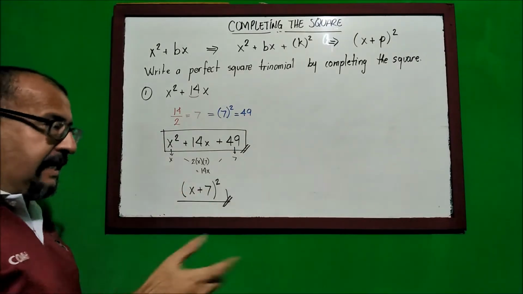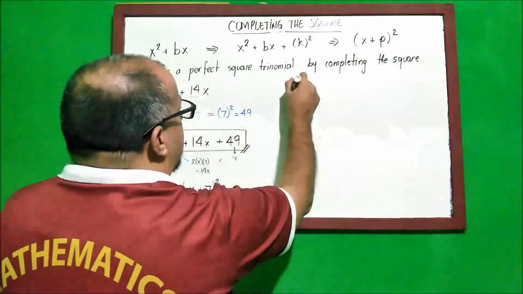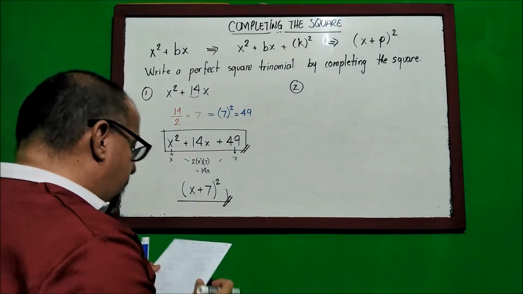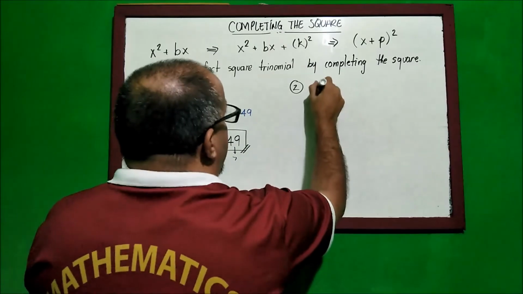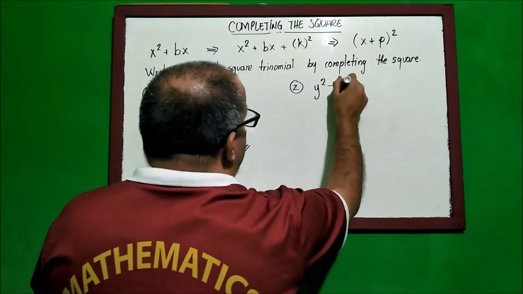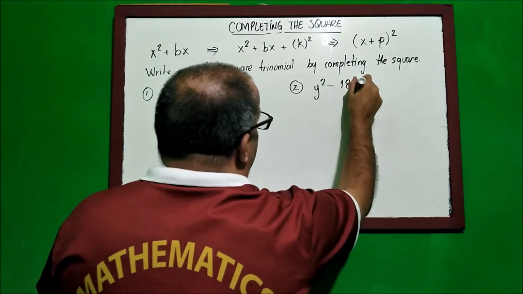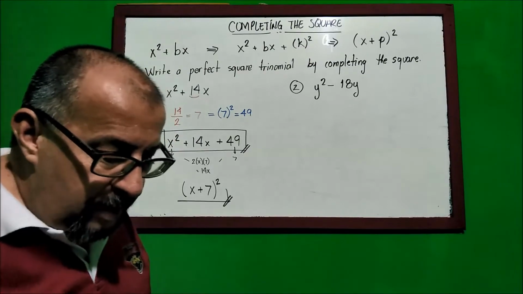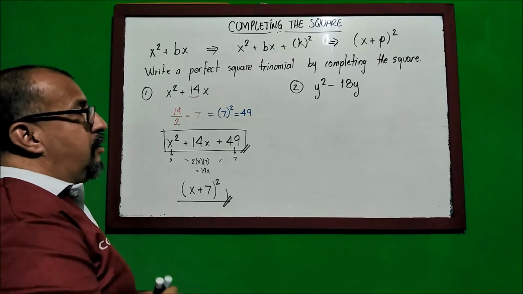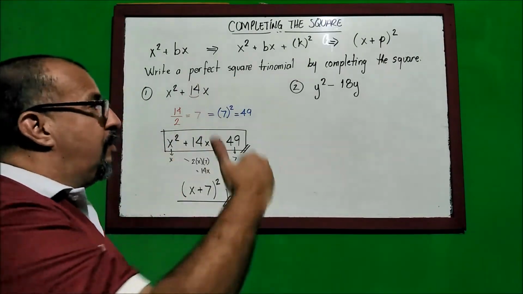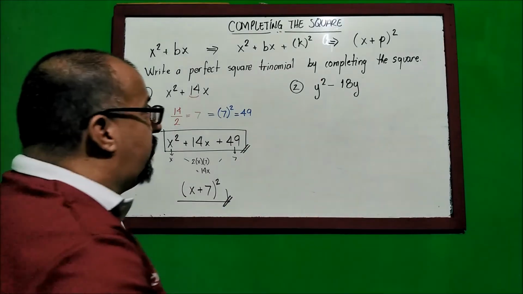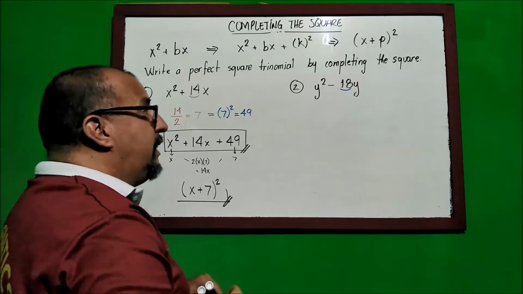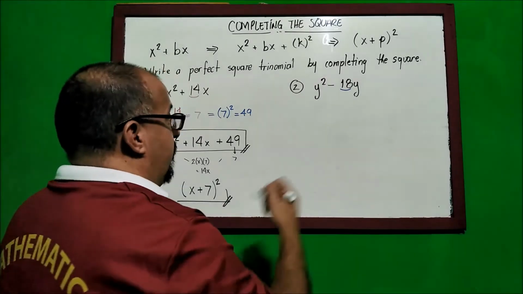Let's analyze a second case. Example number 2. Example number 2 is y squared minus 18y, just like that. Okay? A binomial. So let's convert it into a perfect square trinomial. Let's remember, we identify the value of b, and in this case b is negative 18.